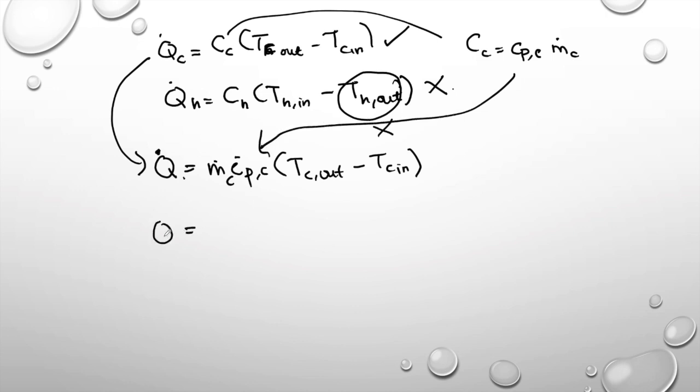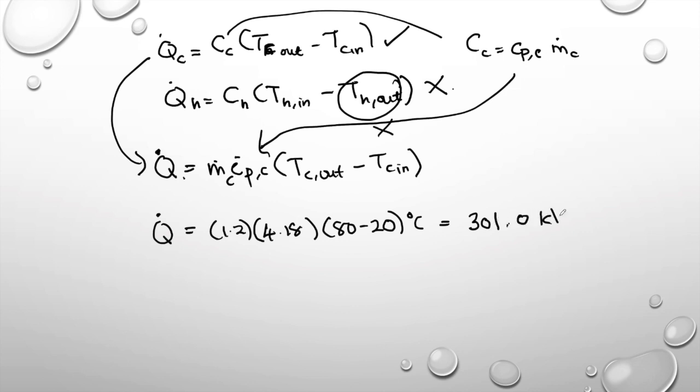So Q dot equals M dot 1.2 times CP C of 4.18 kilojoule per kilogram Kelvin, times 80 minus 20 degrees Celsius. So you will get the value for Q dot equal to 301.0 kilowatt.